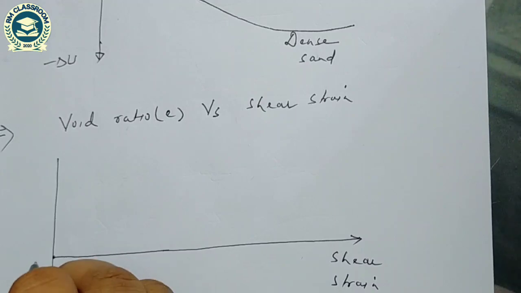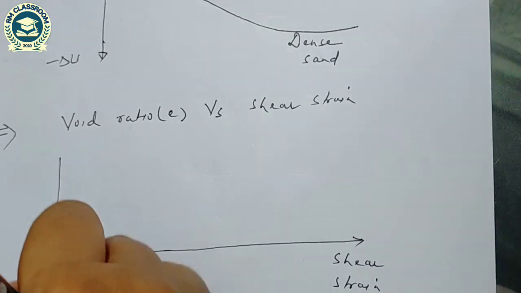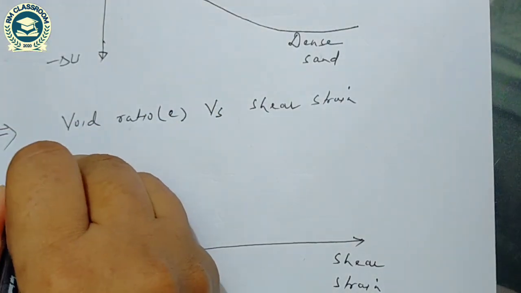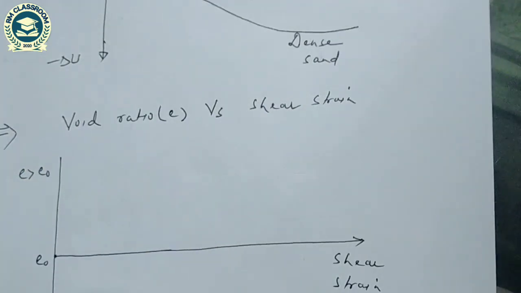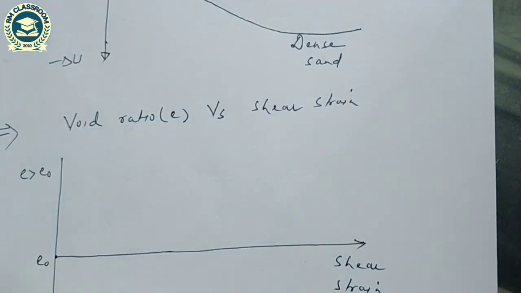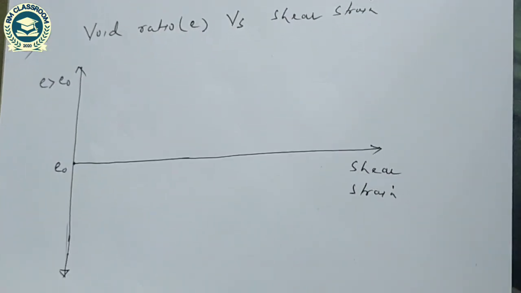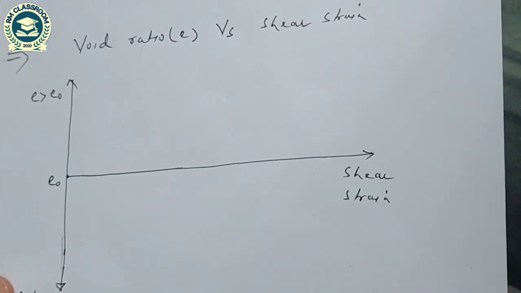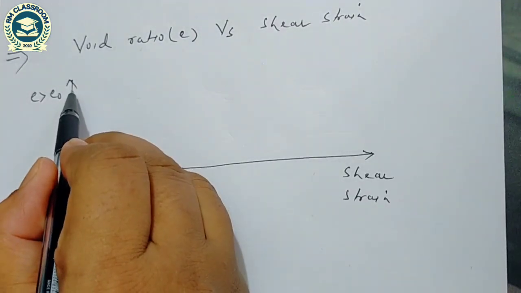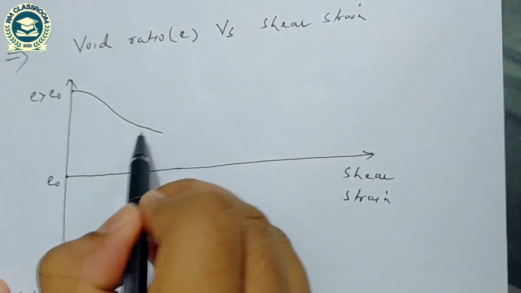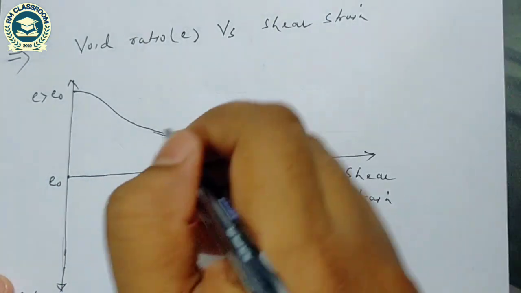Let us assume this is the initial value of void ratio. On this side our void ratio is greater than the initial void ratio, and below E naught, E is less than the initial void ratio. So this is for the loose sand.